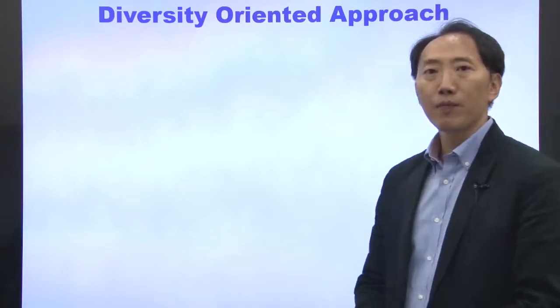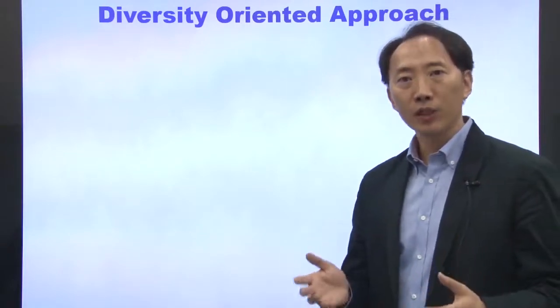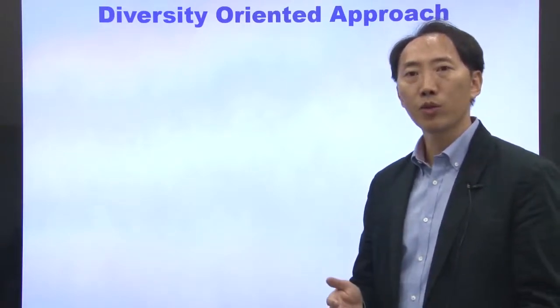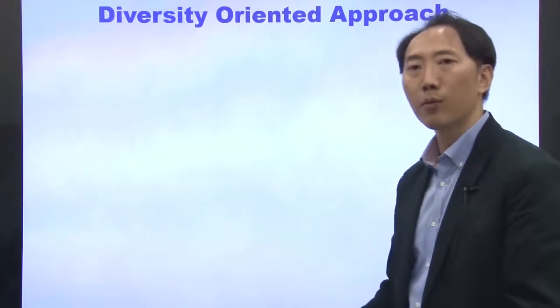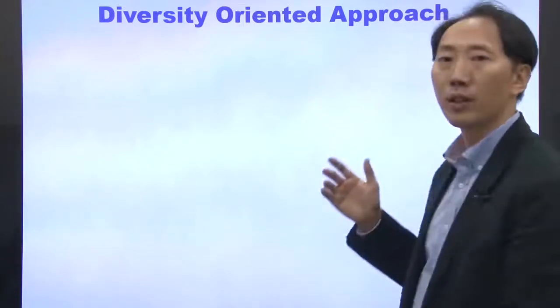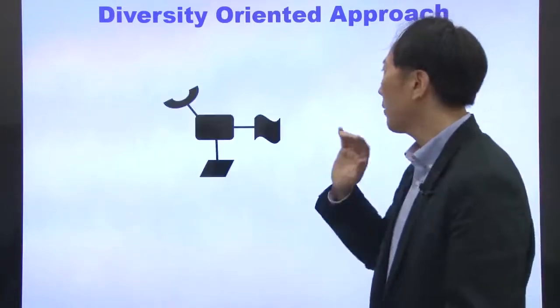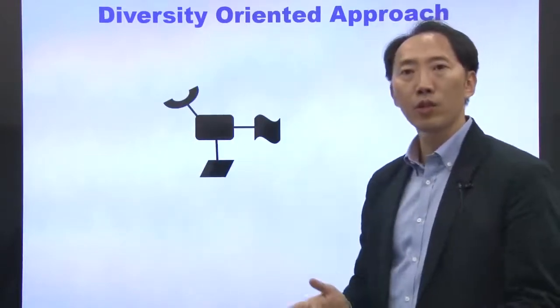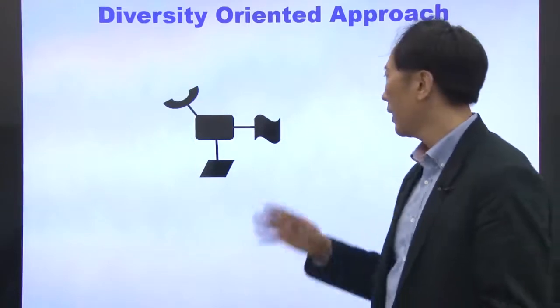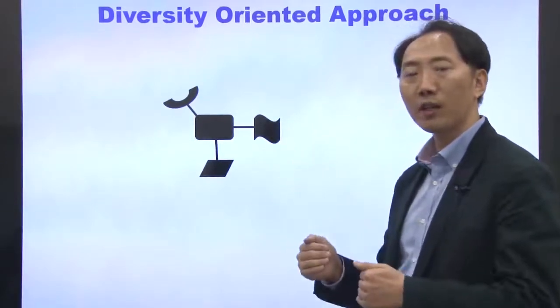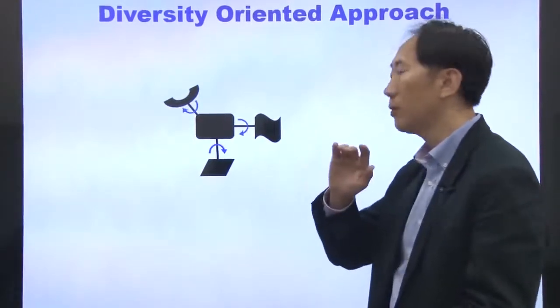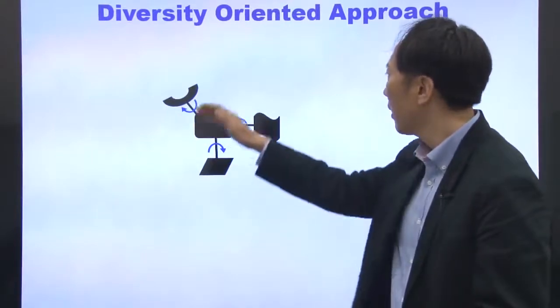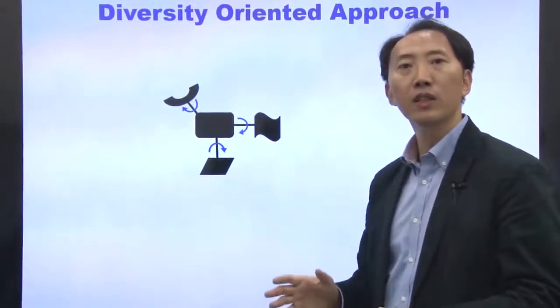But sometimes, if you don't have an idea about your target, you cannot use this approach. That's why there is another approach, the so-called diversity-oriented approach. In this approach, they make huge numbers of molecules, which is called a library, and these molecules are conjugated organic molecules. They can absorb light, but through conformational flexibility, they lose their energy.